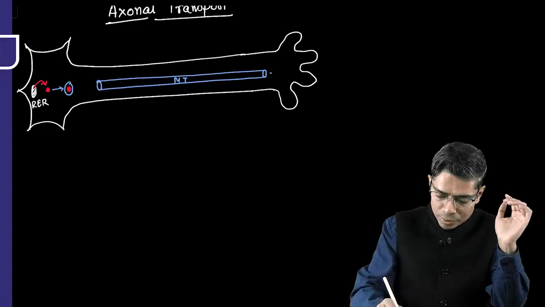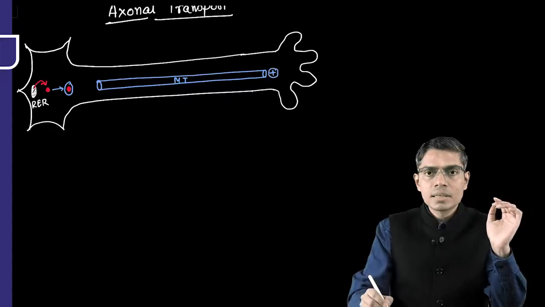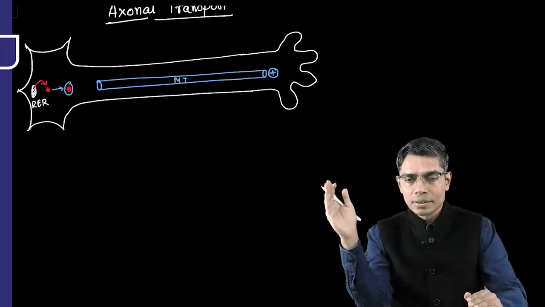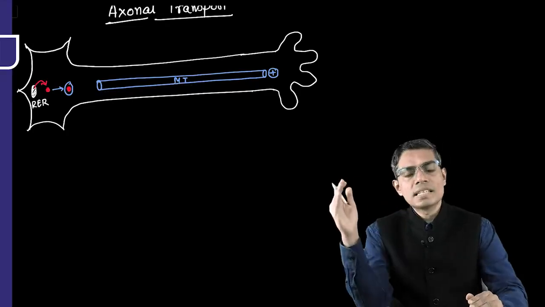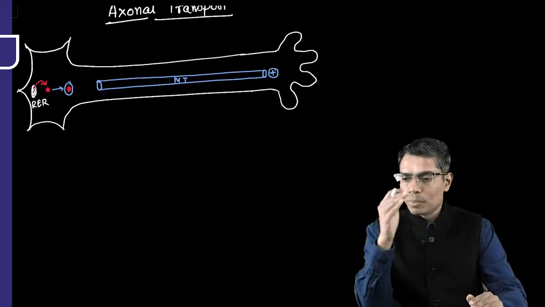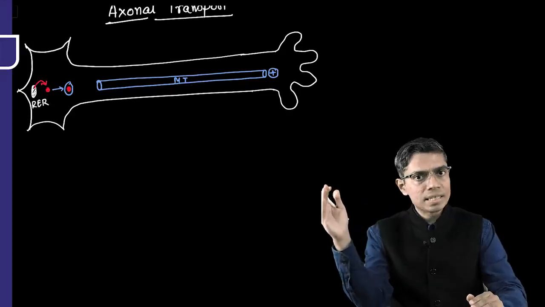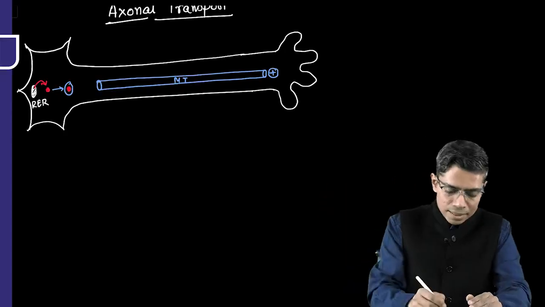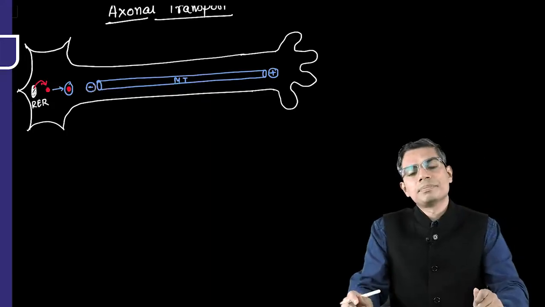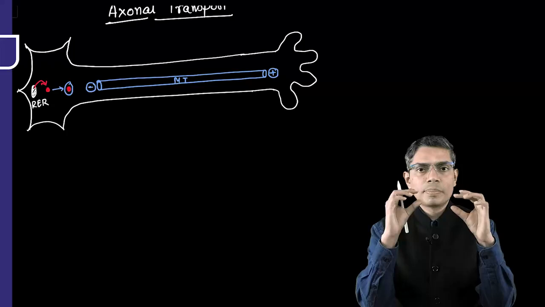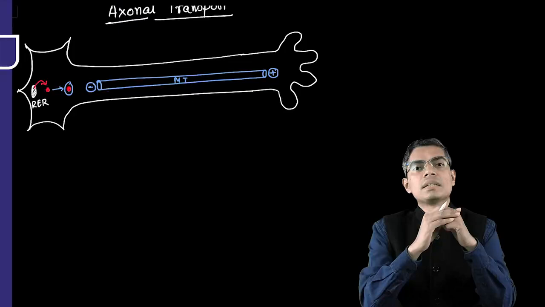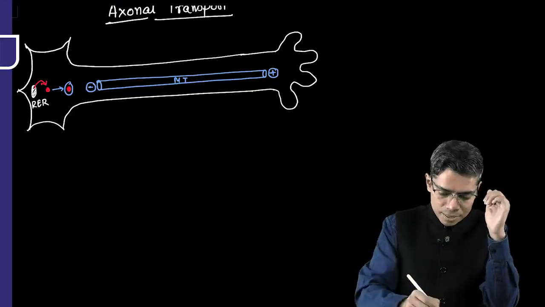The plus end will be directed in this direction. Why? Because in case of neuron, the growing end is towards the axonal end. So the microtubule plus end will also be directed in that direction, and the other end of the microtubule is known as the negative end or minus end. Remember that this microtubule is a pathway for the transport of this vesicle. I have to transport this vesicle.